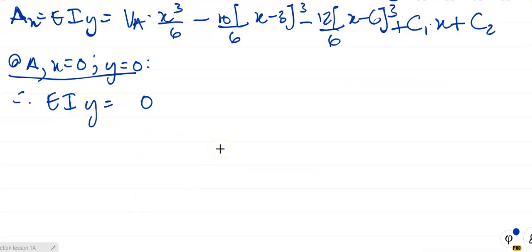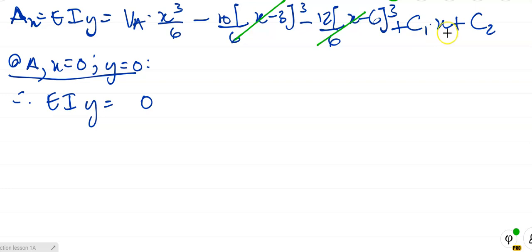So I'm putting x equal to 0 into every term here. So 0 minus 3 is minus 3, so it's 0. That's going to be 0. And what's 0 minus 6? That's going to be 0.